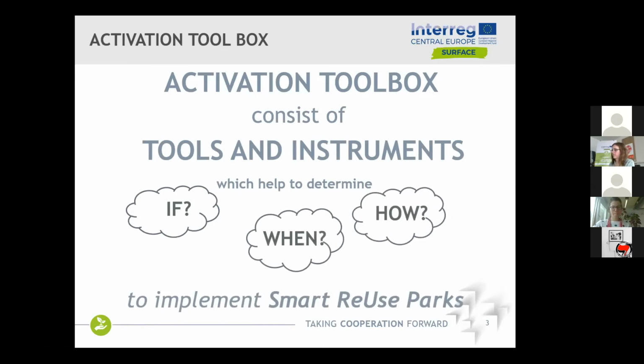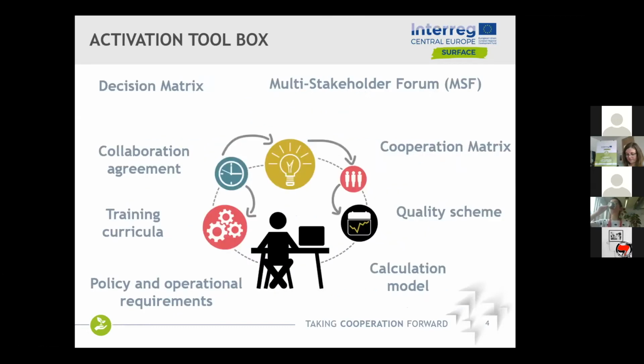The mentioned tools and instruments were developed and tested by project partners during the implementation of the SRPs in the regions within the SURFACE project. These tools are designed to assist in planning, developing, and opening a smart reuse park, or even to implement other activities related to reuse.